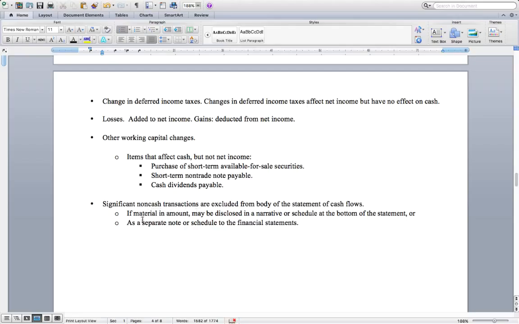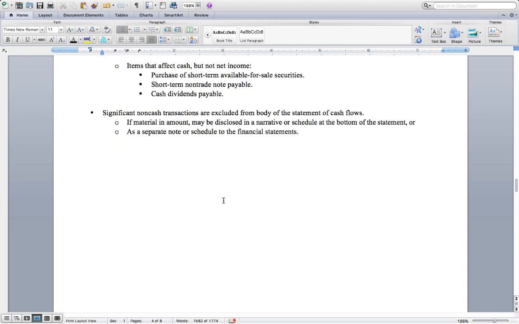If they are material, they may be disclosed in a narrative or schedule at the bottom of the statement or as a separate note or schedule to the financial statements. So there may be material non-cash transactions that you would not reflect in the statement of cash flows, but they would need to be disclosed to provide more information to the investor.